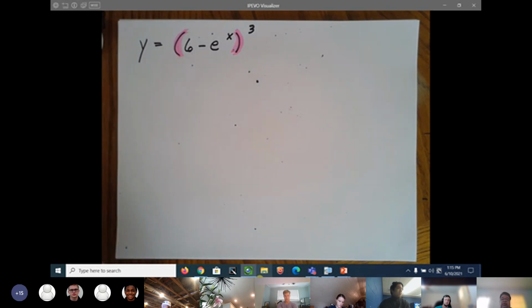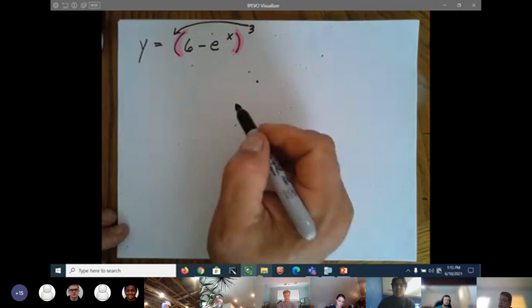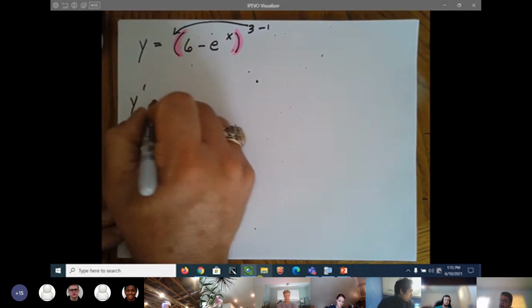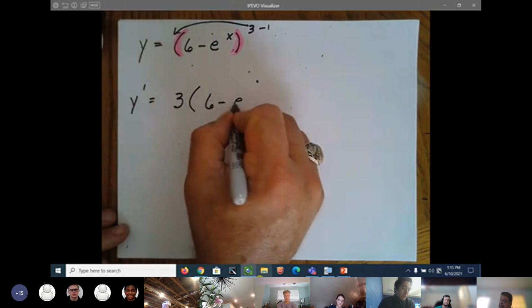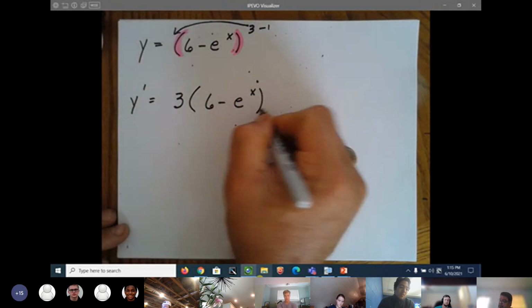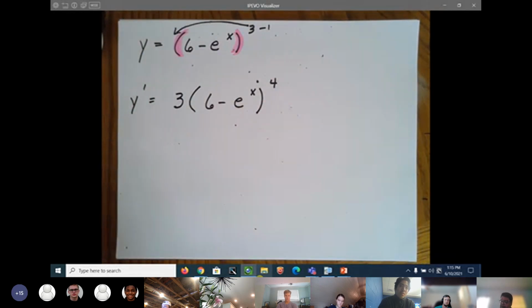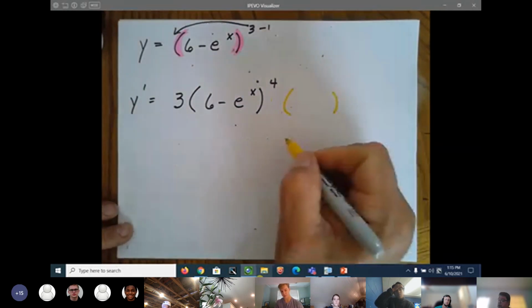Okay. So this is the chain rule. Let's do the product rule first. 3 times 6 minus e to the x to the 4th power times the derivative of what's inside. That's to the 2nd power, by the way, not the 4th.